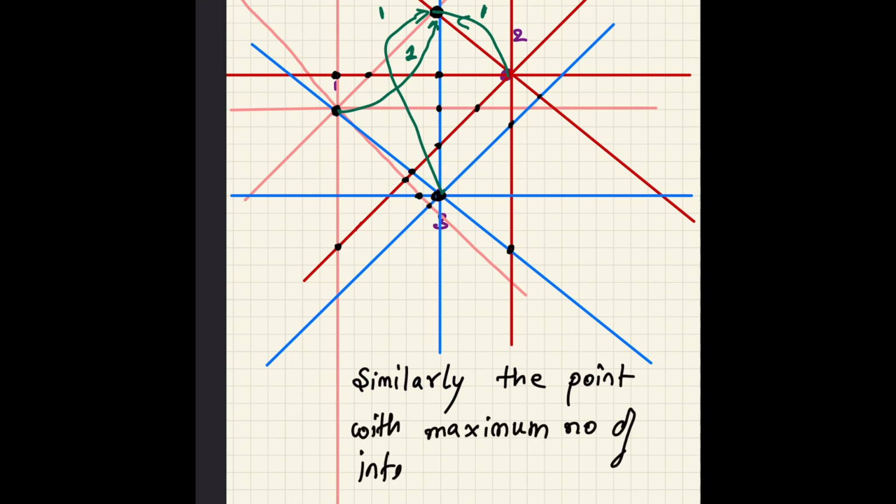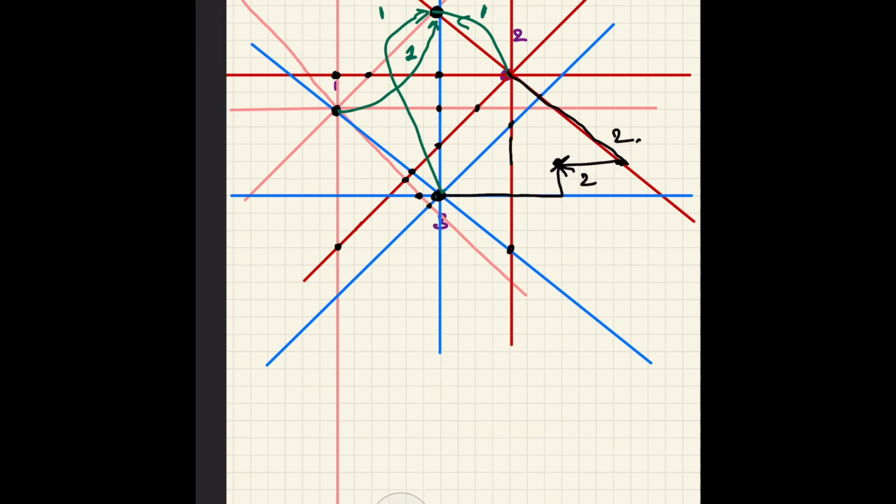Similarly for the 50 I have explained, this is a similar case to what I have just drawn. So now we have understood why we are taking the intersection points and not all the possible points, because all those possible points would be too many and the time constraint would not be satisfied.